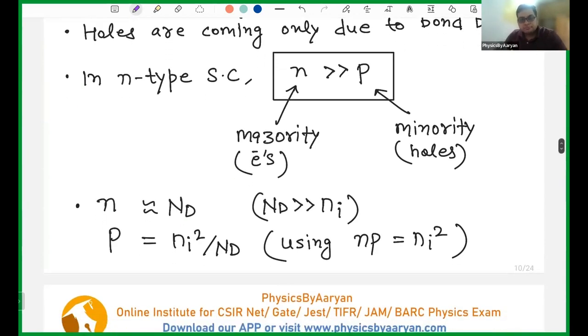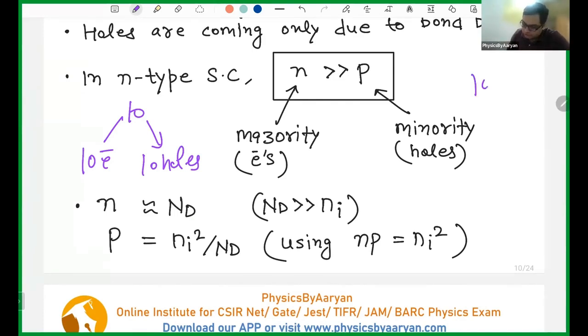Now, let's say because of bond breaking, 10 bonds break. So you get 10 electrons, 10 holes. Now you put in dopants.